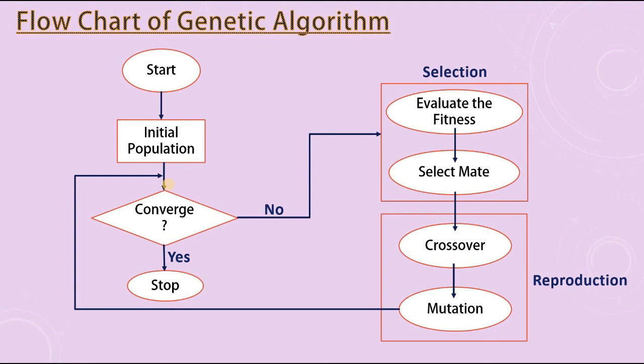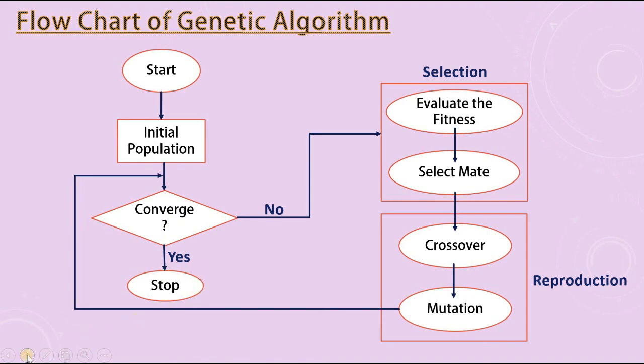If it meets the termination condition, we terminate. Otherwise the iterations go on continuously until we find our optimal solution and it meets the termination condition, and then we stop the execution of the algorithm.